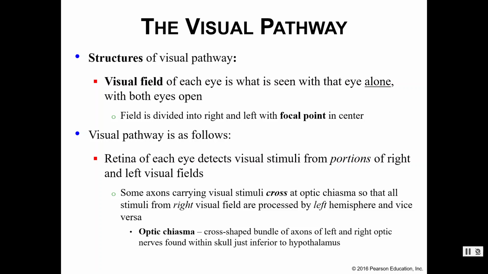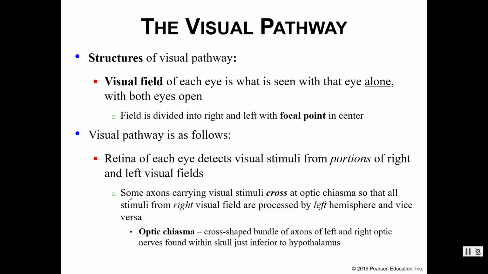The optic chiasma is really just the location where crossing over takes place. It literally looks like a cross or an X, where you've got these bundles of axons. And again, we're only going to cross certain ones from left to right and right to left.